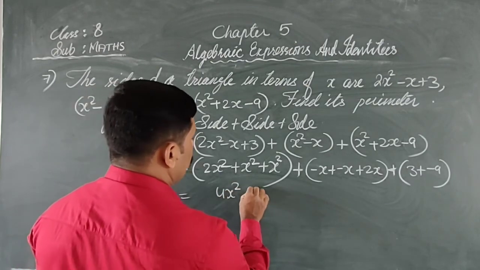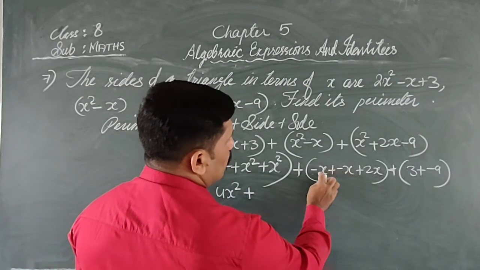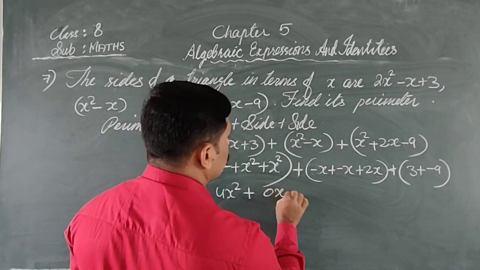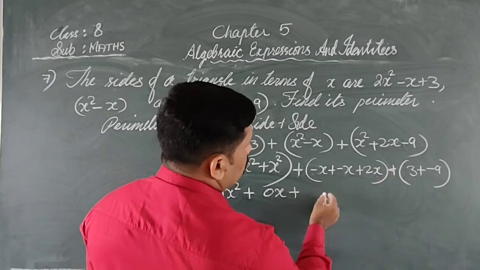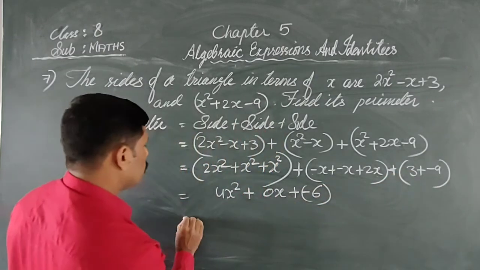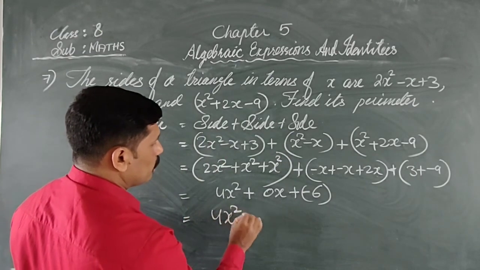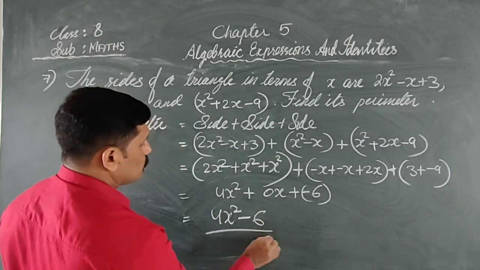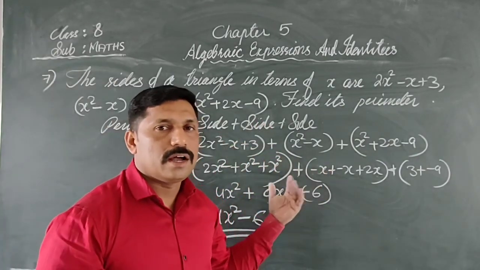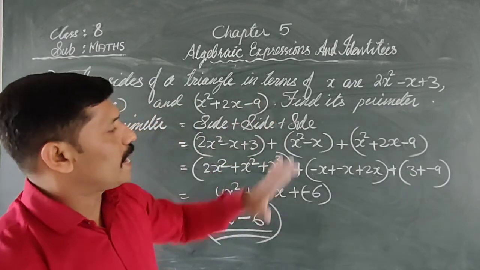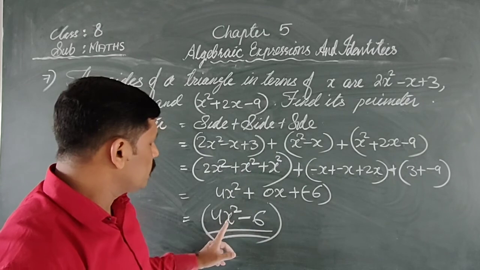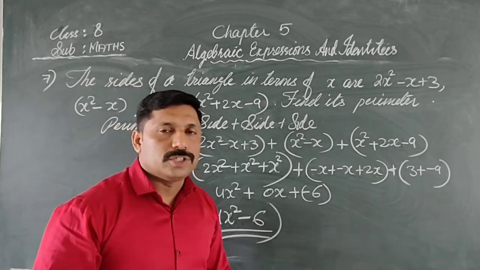So 4x square plus negative 2x and negative x, negative 2x plus 2x, both will be cancelled, 0x, and plus 3 is positive, another is negative, we subtract, negative 6. So it will be equal to 4x square minus 6. Unit is not given, whether it is meter or centimeter. In terms of x it is asked. So the perimeter of this triangle, after adding the three sides, we get 4x square minus 6.